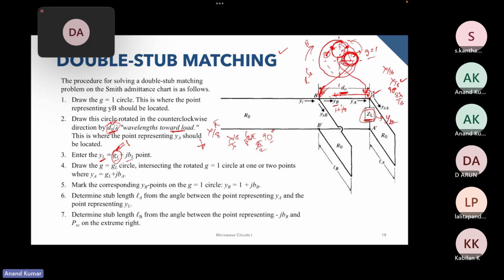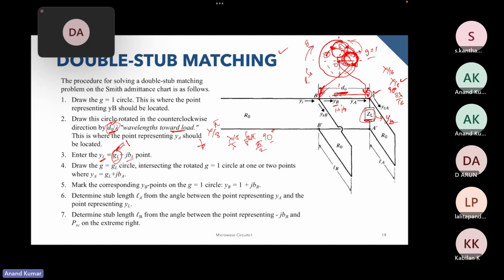And then since we had moved d naught by lambda, that is lambda by 8, we plot these points. We take the origin as the center, and then we cut these 2 points on these circles over here. So each point will correspond to some value over here.